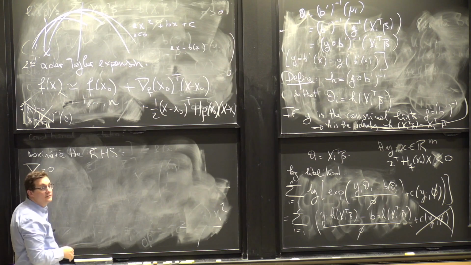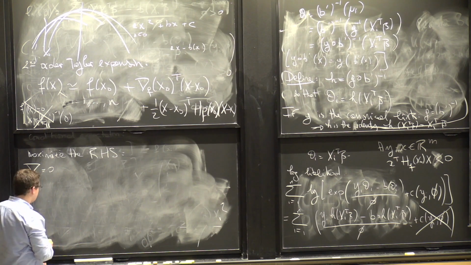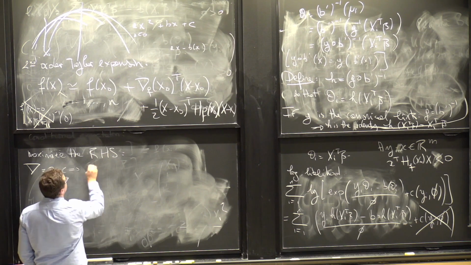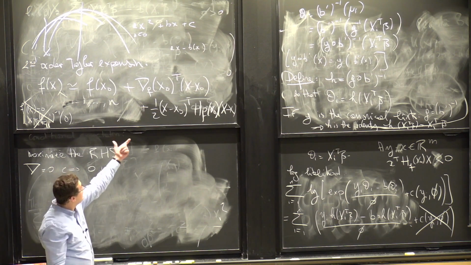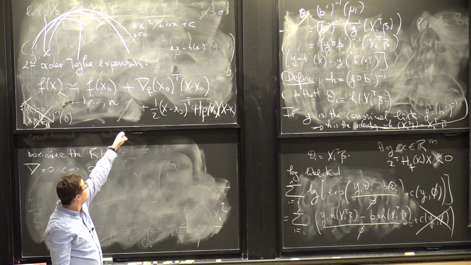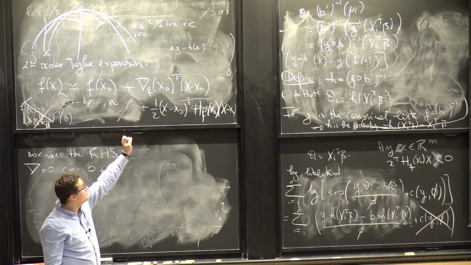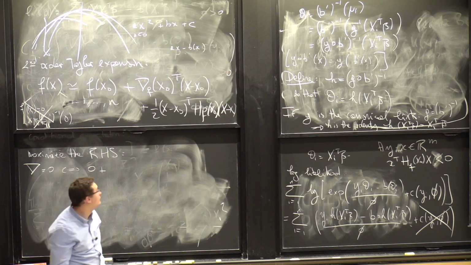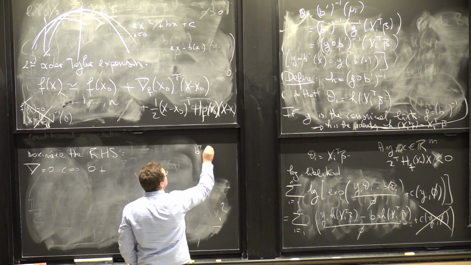The first term does not depend on x, so that means this is going to be 0, plus, what is the gradient of the gradient of f at x0 transpose (x minus x0)? I have a function of the form b transpose x.